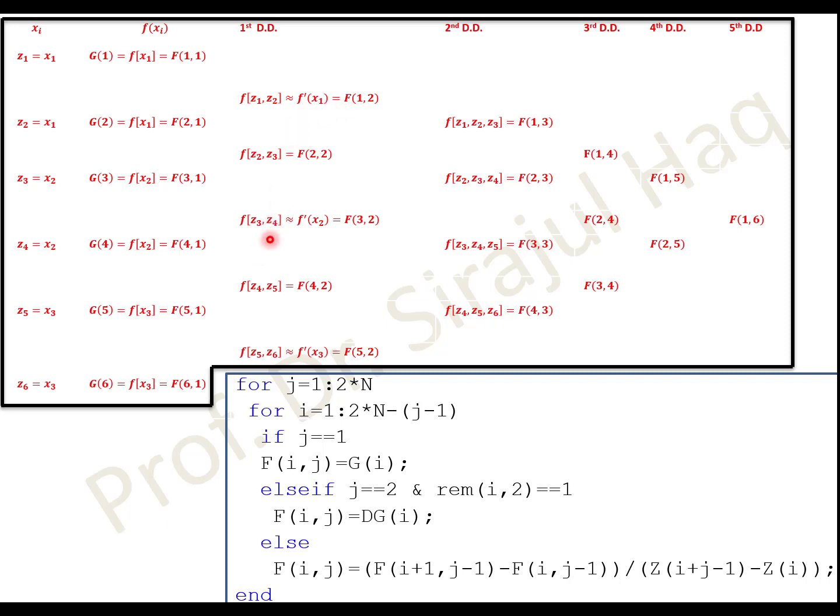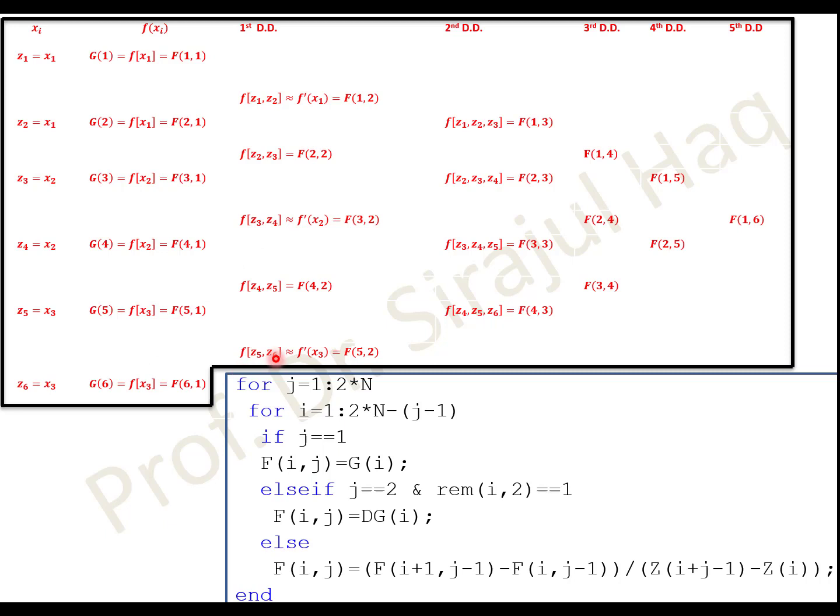Similarly, if you come to this one, f of z4 minus f of z3, you can see f of x2 minus f of x2 divided by x2 minus x2. Again, you are getting 0 by 0. And that's the reason this value has been replaced by derivative of the function at x is equal to x2.